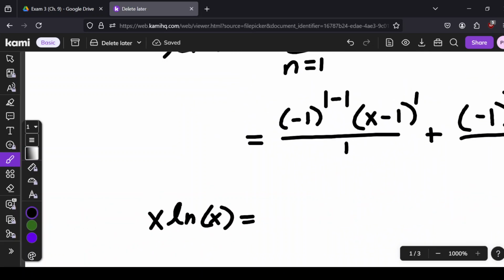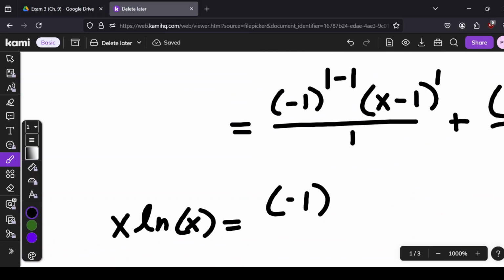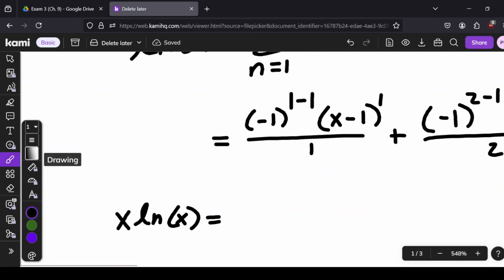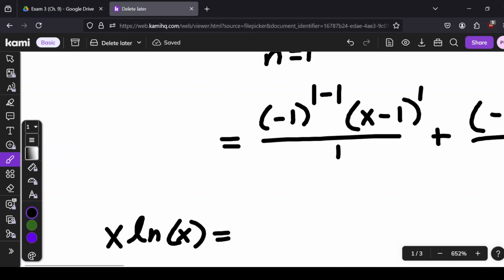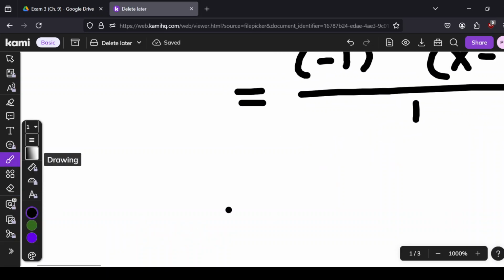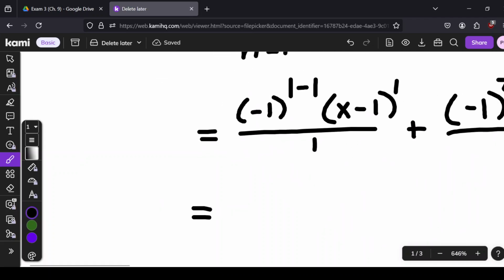So we can just multiply by x. So we got -1. I guess I can go ahead and simplify this as I'm writing it. I'm going to simplify the regular natural log.